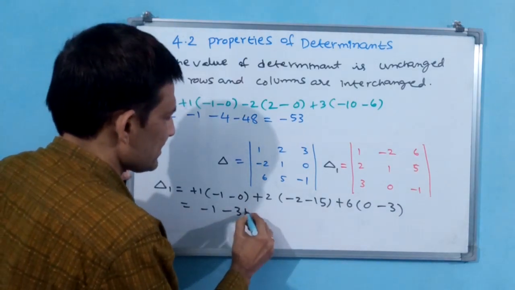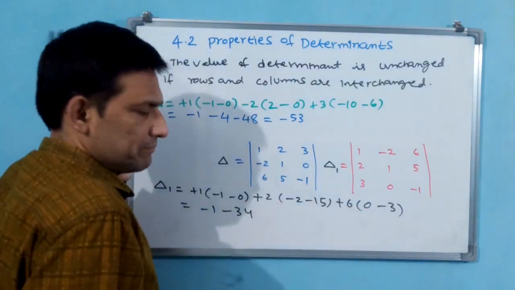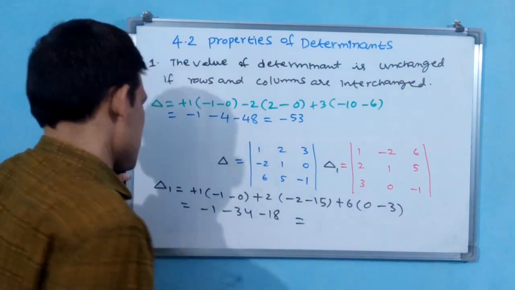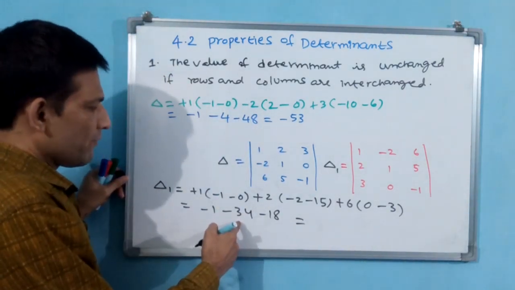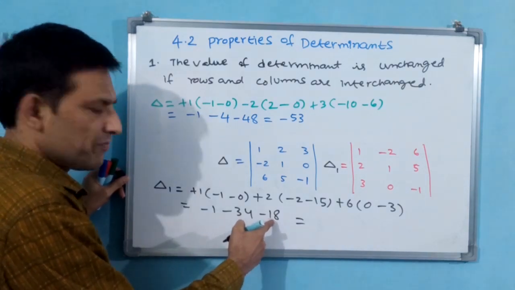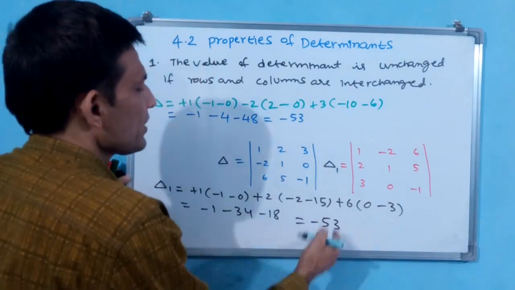That means this is minus 34. 6 into minus 3, minus 18, all minus only. Okay, 34 plus 8, 42 plus 10, 52 plus 1, 53, minus 53. Is it okay? You see now?